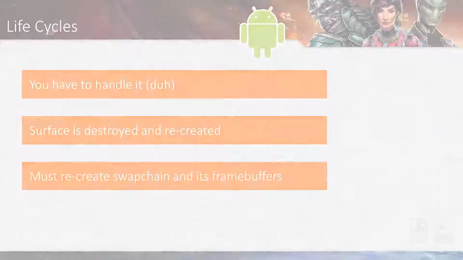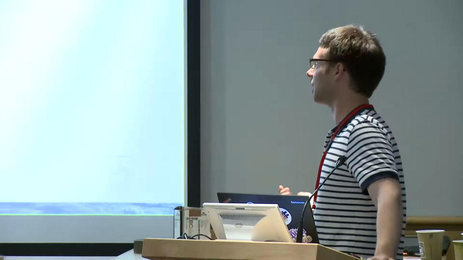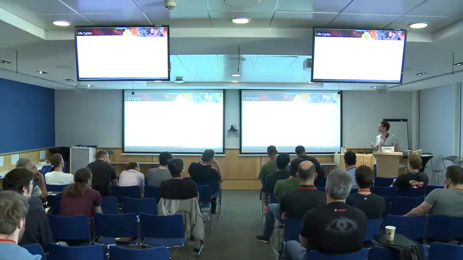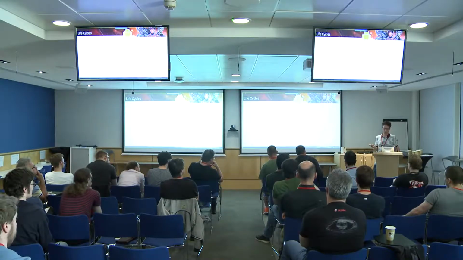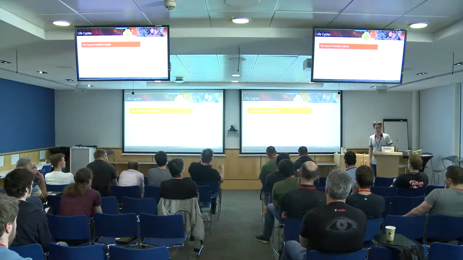Another Android-specific thing is the life cycles. At any time in the game, you can basically press the home button and pause the game, and then later come back to it and resume it. With mostly anything on Android, you have to handle this somehow. And there wasn't really any documentation on it.